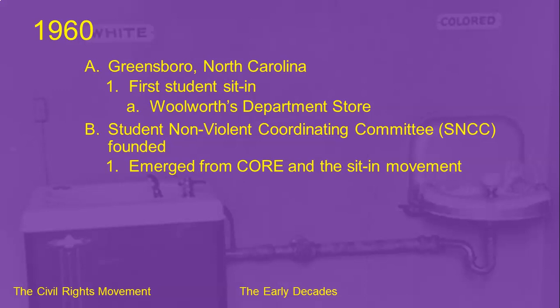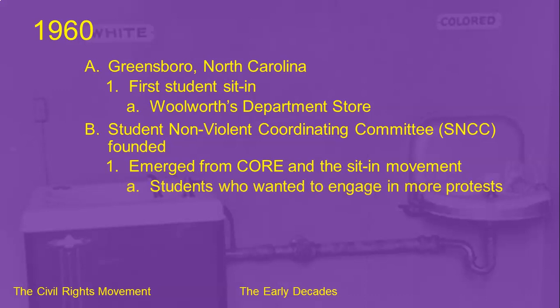But some of the leaders went to the students and said, look, here's the deal. We're a little bit older and we're kind of set in our ways and we have a strategy. You guys need to form your own organization and take your own path. We'll be there to support you and we'll be there to stand by you, but it gives you a voice and it gives the movement another avenue with which to attack segregation.